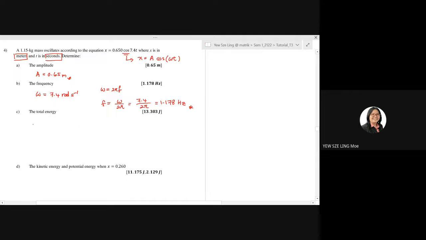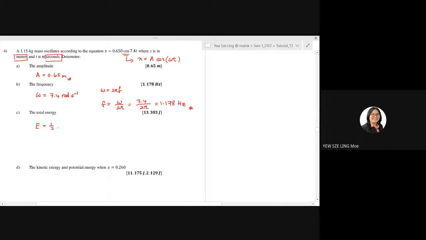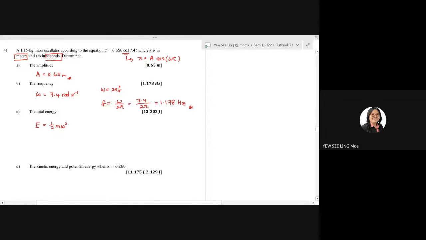Well, we have just one equation, which is E equals 1/2 m omega squared A squared. I cannot use the equation with k because now I don't have the spring constant. I don't have the k in the equations. So I choose the equation with omega in it because I have omega in my question.